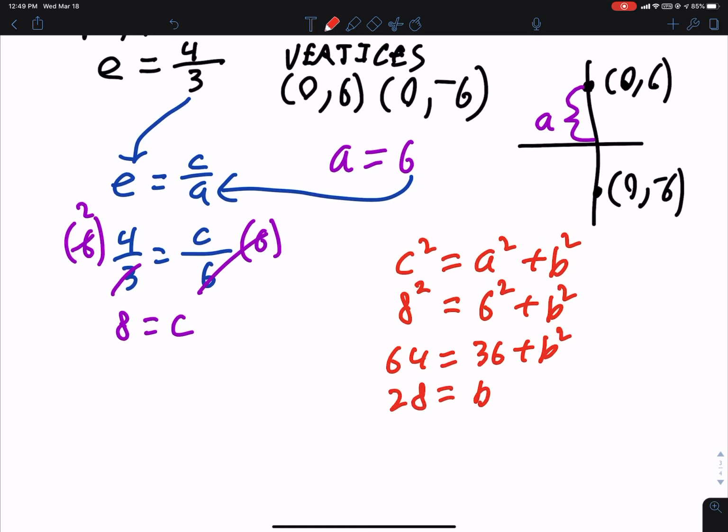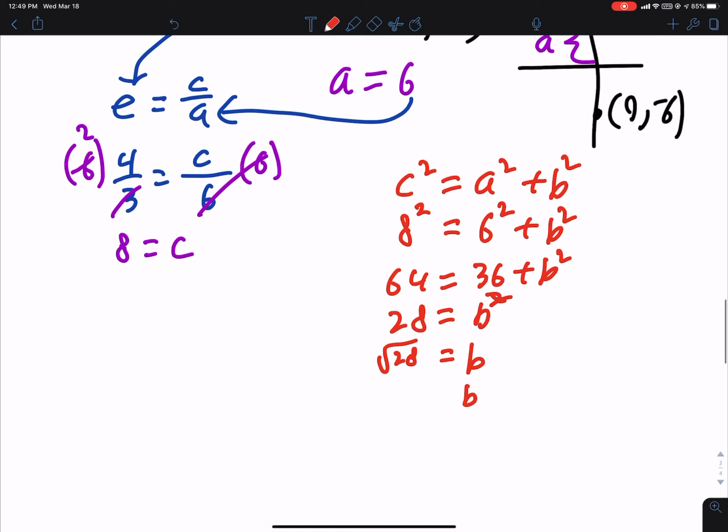Let me double check that. I think I'm right. So b would be the square root of 28, which is 2 radical 7.